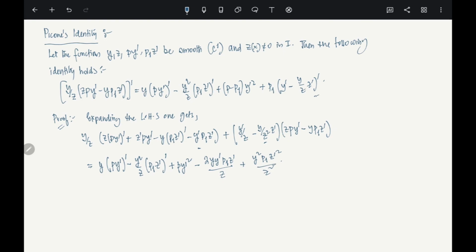So now you see we are already here. So basically what we have is y p y prime whole prime minus y square by z p1 z prime whole prime plus, now I will just write it like this, p minus p1 y prime square, plus p1 (y prime minus y by z z prime) square.